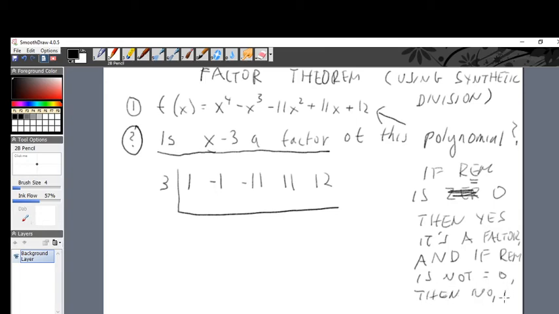That is the rule. So we just have to check one thing.